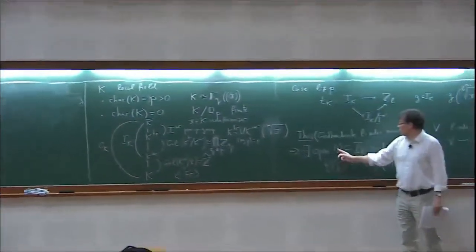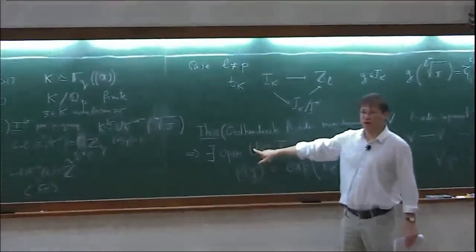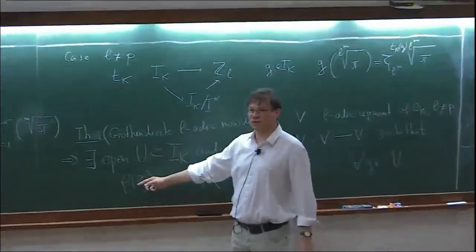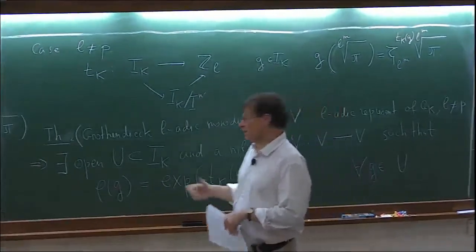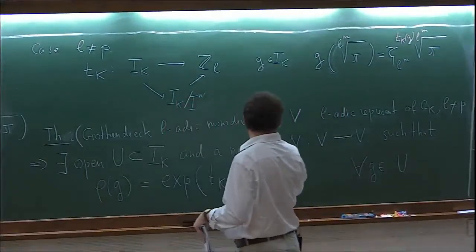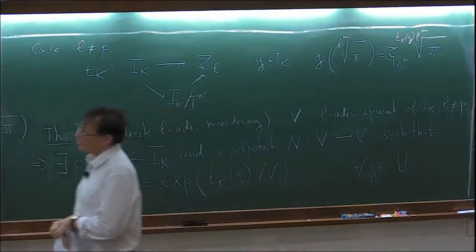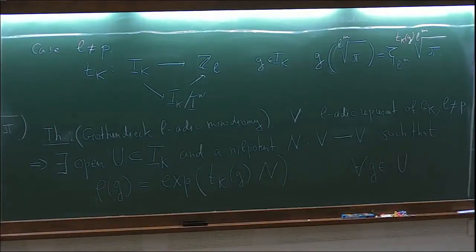When U is sufficiently small, you can take the logarithm of G and define the N by this formula. And the problem is to show that N is nilpotent, but this follows from this relation. Because if you look at the eigenvalues of N, you see that they are all zero because of this relation.